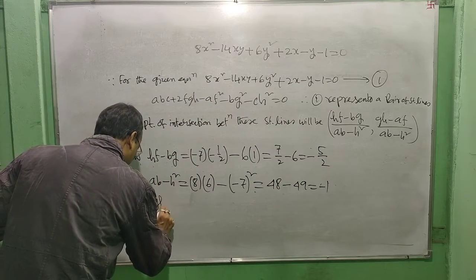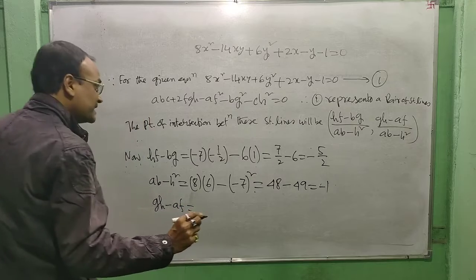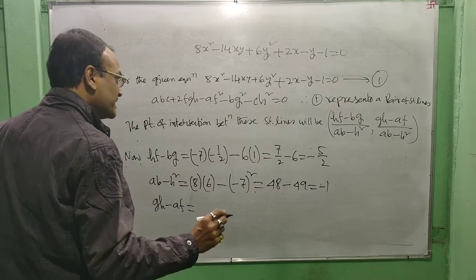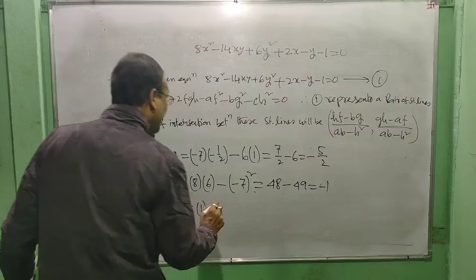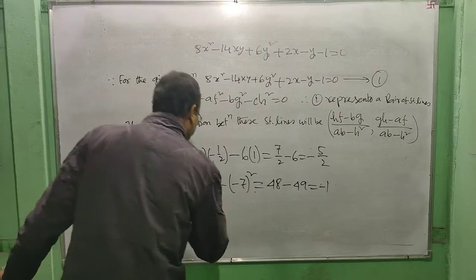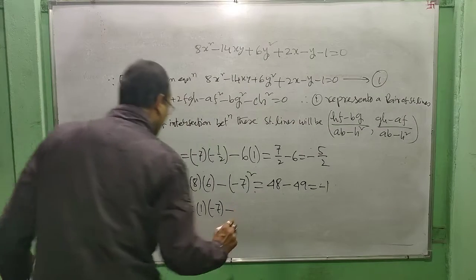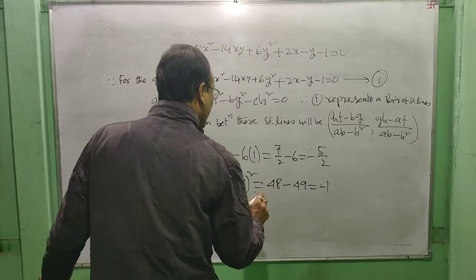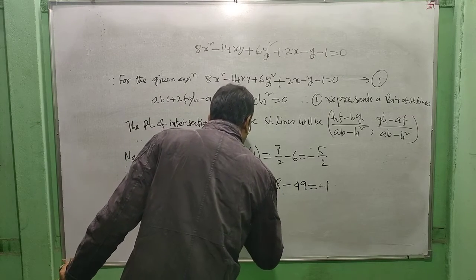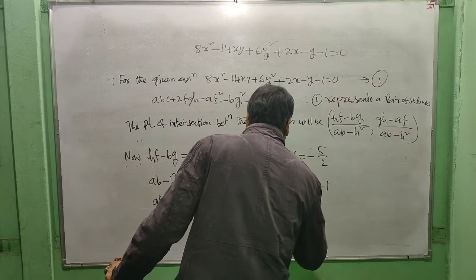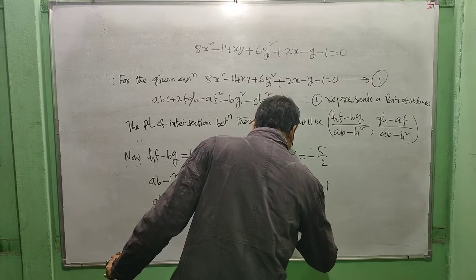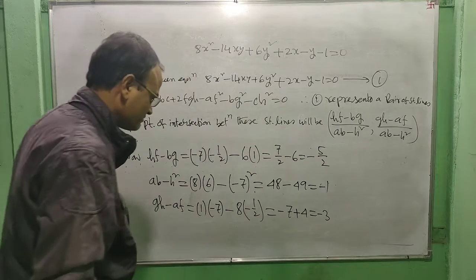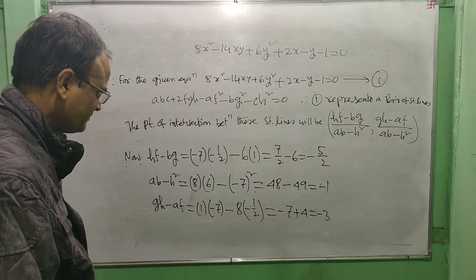GH minus AF: 1 into H, minus 7, minus AF, 8 into minus half. This is equal to minus 7 minus 7 plus 4 equal to minus 3. Am I right?